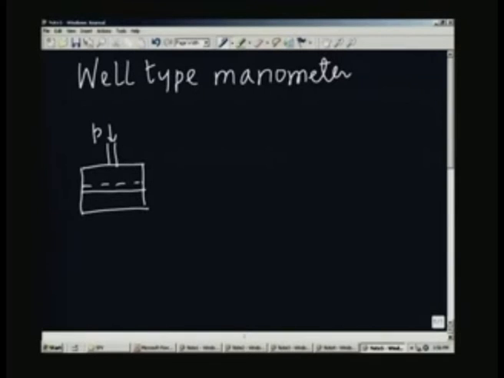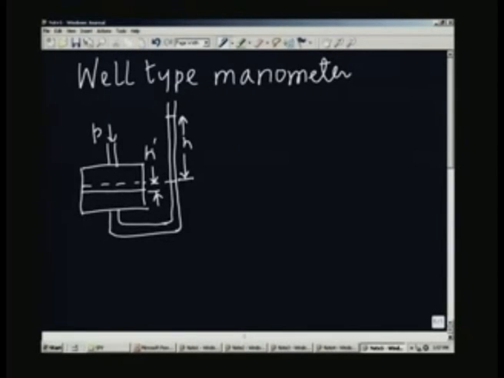This is the original datum. This is communicated. This is the original level. This is the level after the pressure has been applied. So, h is this portion. This I will call h prime. H prime is the depression in the well. H is the amount by which it has gone up on the right side. The gravity direction is like this.